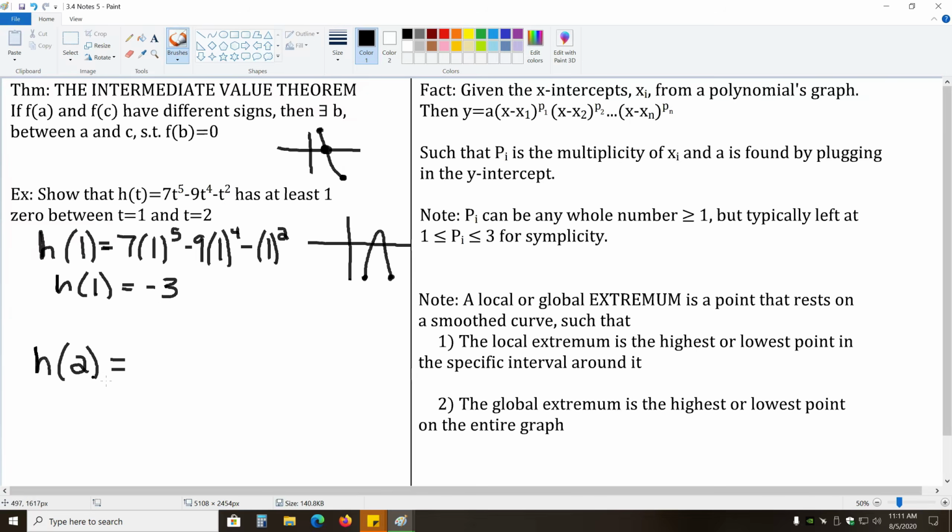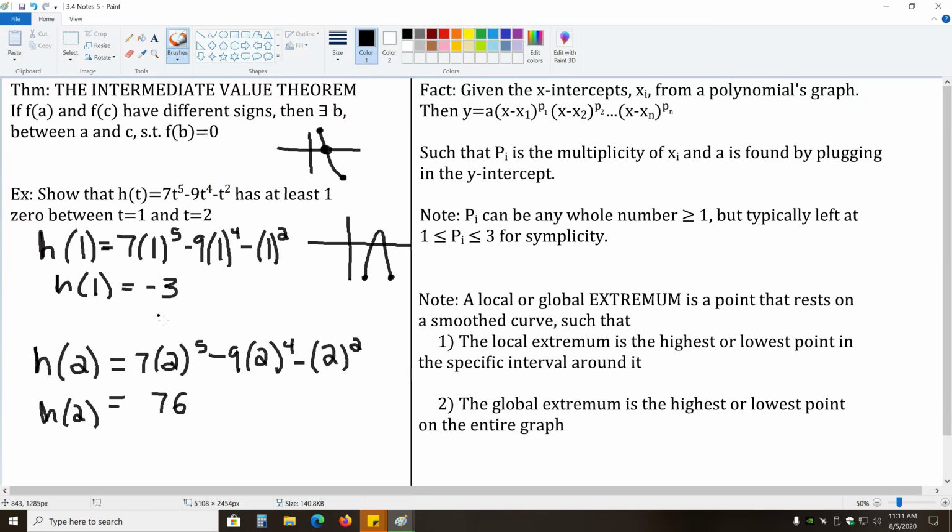Now if we plug in h of 2, we get 7 times 2 to the 5th minus 9 times 2 to the 4th minus 2 squared. When we simplify this, we would get 7 times 32 minus 9 times 16 minus 4. At the end of the day, this would end up simplifying to 76.